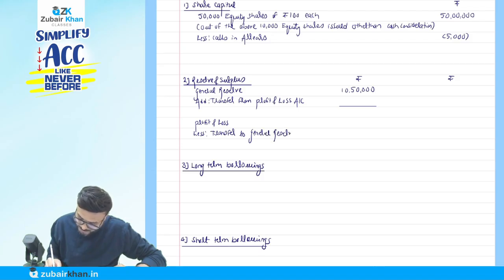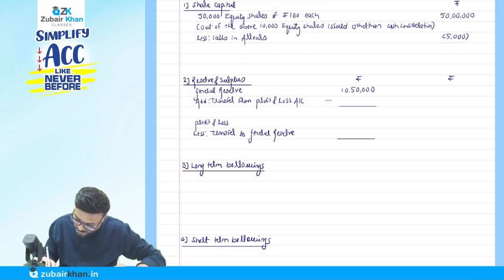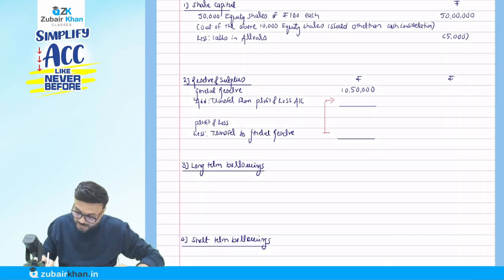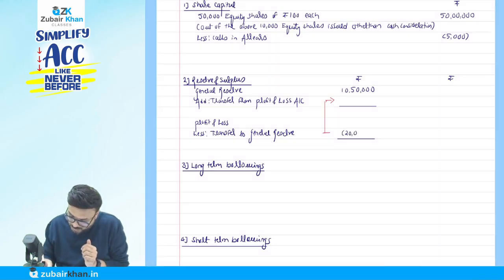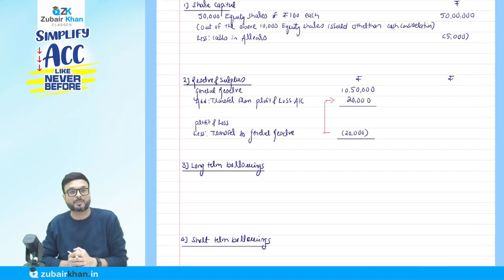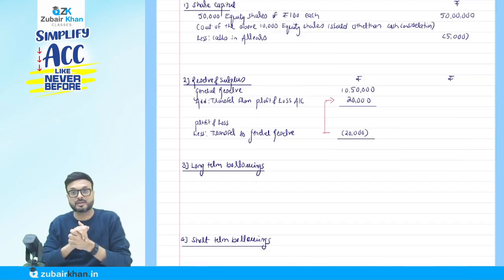For your reference, I can write it down right now also: this is going to be transferred from the P&L account balance. So here I will deduct 20,000 and here I will add 20,000. You got the point? This is what they tell us in point number F.